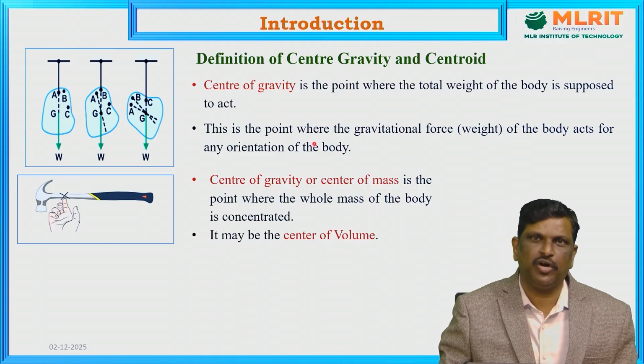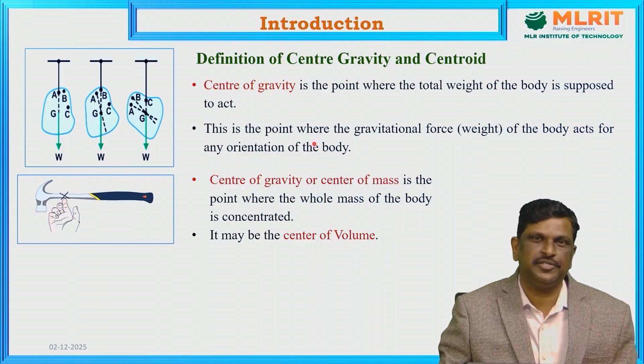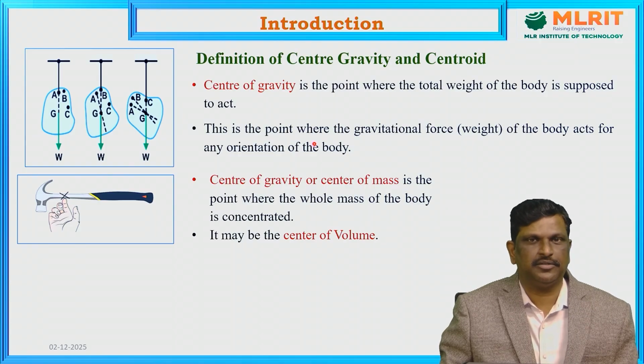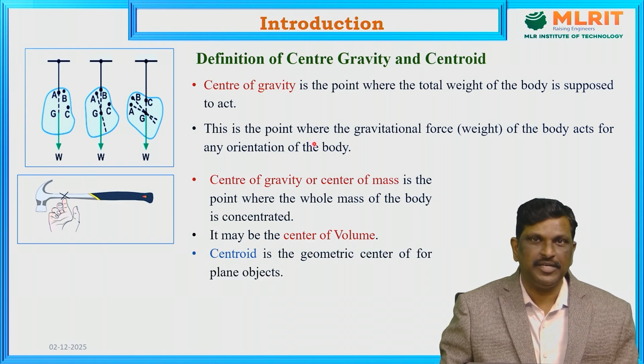The center of gravity of a solid body is not only the point through which weight is being acted, or the point at which the total mass is supposed to be concentrated, but it is also the center of volume of the body.